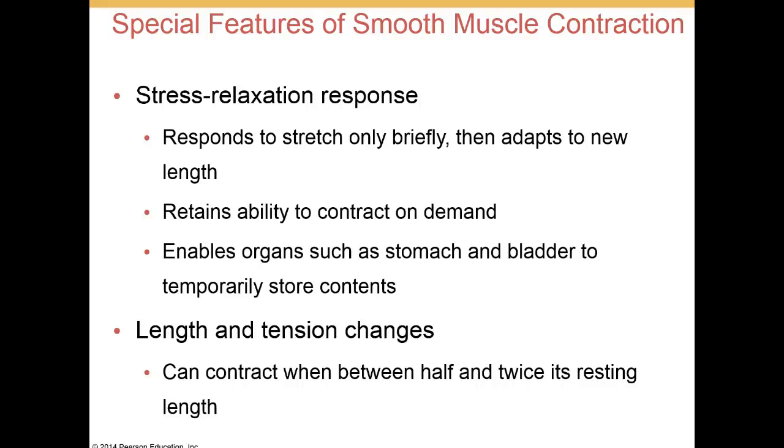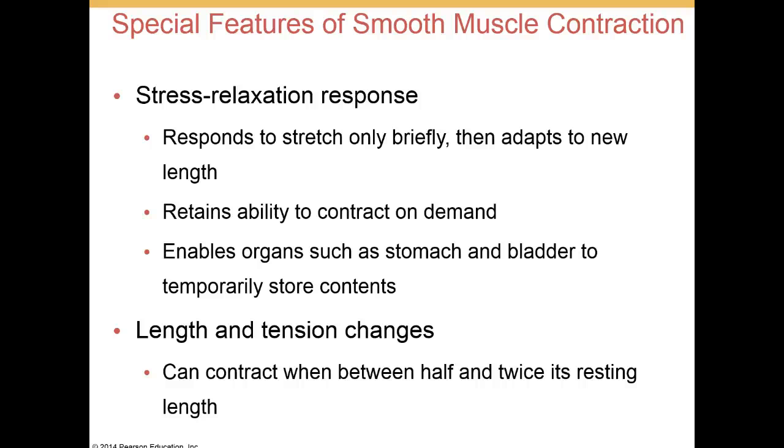A couple of special features of smooth muscle contraction. Smooth muscle contraction really responds to stresses or stretches in the muscle. So when you stretch out the muscle, it's going to be able to contract as a result. So it allows organs like the stomach and bladder to be stretched out and store large amounts of material and maintain some pressure on it.